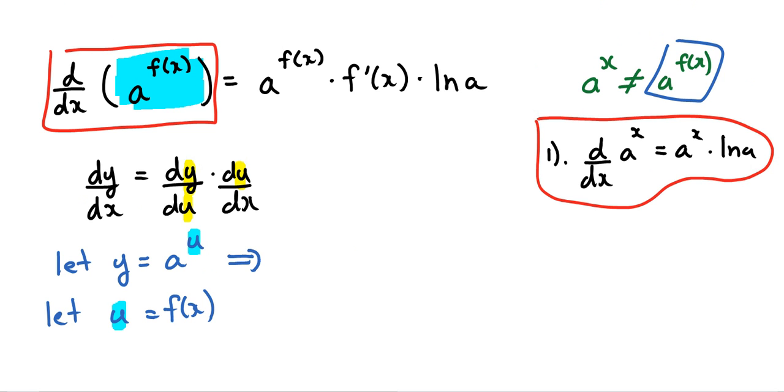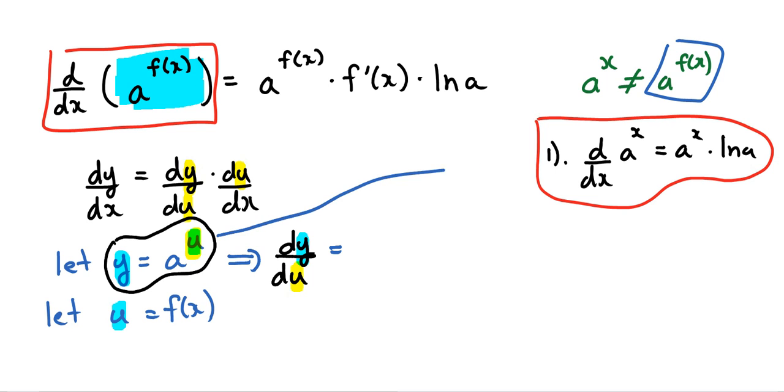The derivative of y with respect to u is dy by du, and going back to the first statement, that's simply a to the u times ln a.